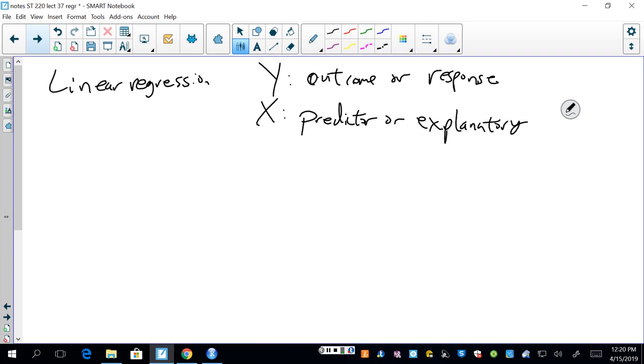Different words are used. Sometimes y is called a dependent variable because it depends on values of x, and x is called the independent variable. Different terminologies. And in some settings, you're in an experimental setting.